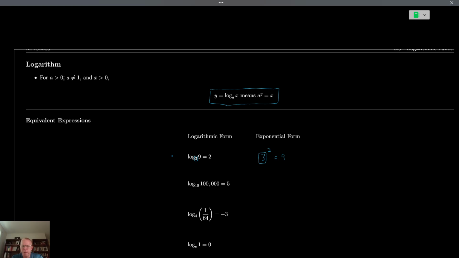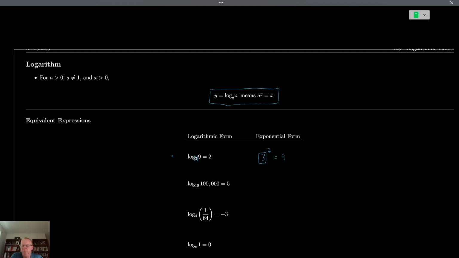So the base of the log is the same as the base of the exponent. And as a way to remember this, 2 and 9 switch sides of the equal sign. With the log, 9 is on the same side as the 3. Over here in the exponential, 9 is on the opposite side, and vice versa for the 2. That's how I remember how to convert these.